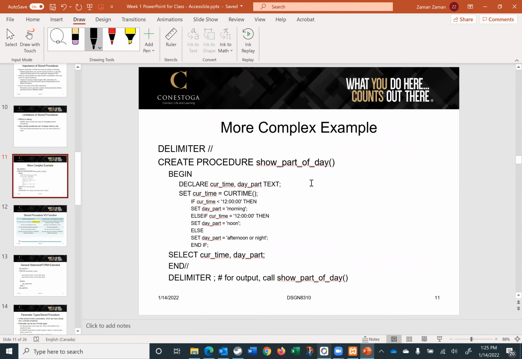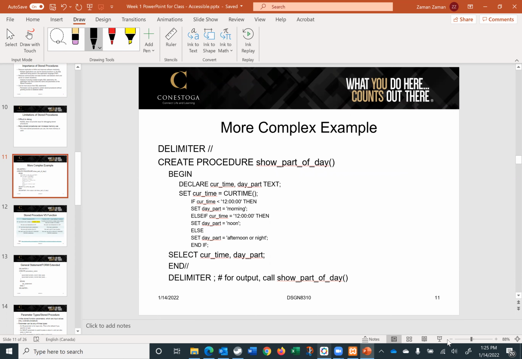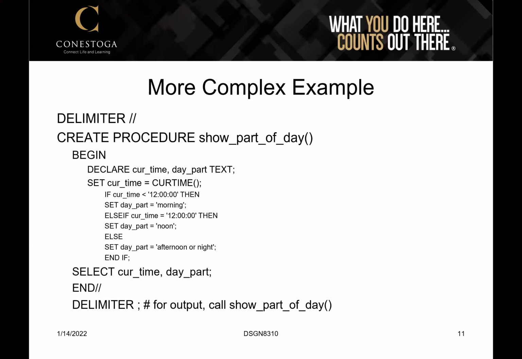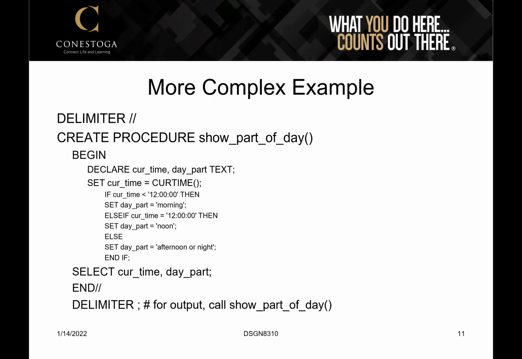Now you can see there is an example of a procedure here, and that is more complex. The example we showed you earlier, the all colors example, is very simple, right? But in this example, you can see this is more complex. It is starting with the same procedure.